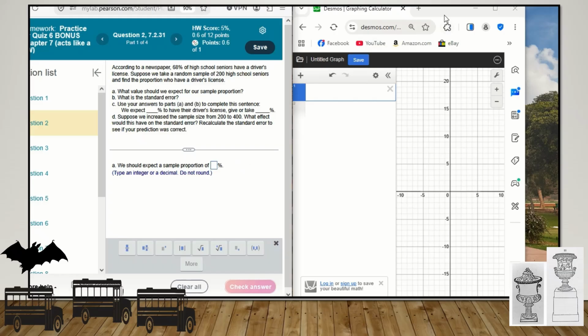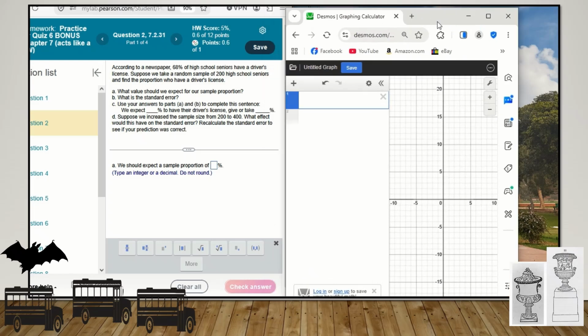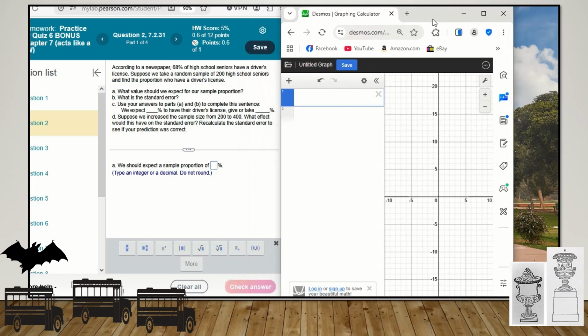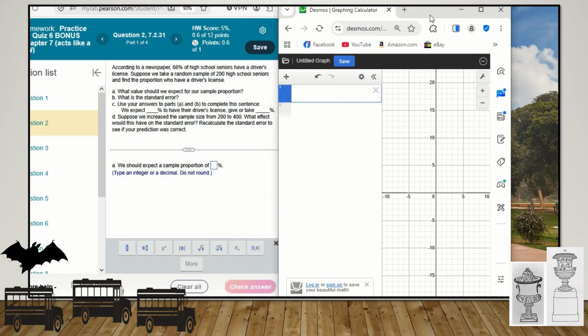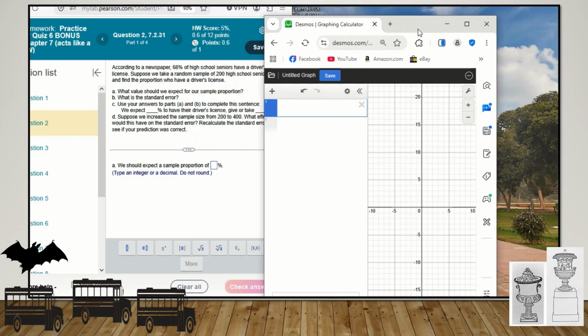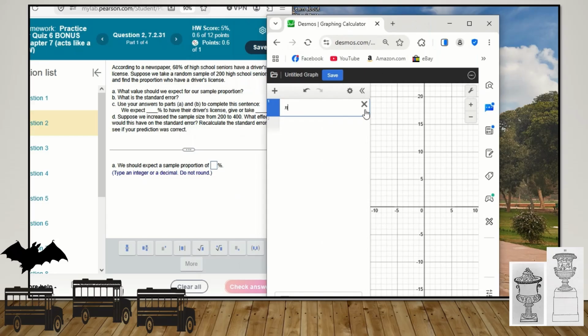I think you guys can do these problems a lot quicker, because you're going to have some pretty complicated calculations if you set it up in Desmos, because Desmos will allow you to assign variables.